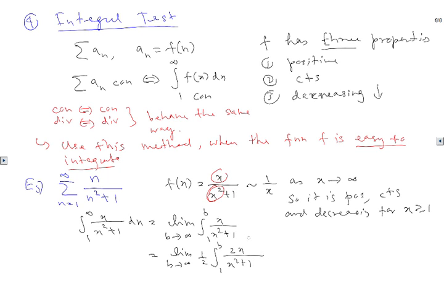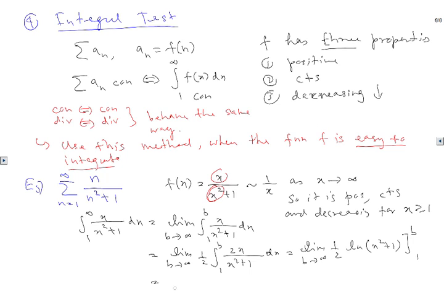So this is easy to integrate. It's a log. So the limit as b goes to infinity of 1/2 times natural log of (x squared plus 1). We don't need the absolute sign because it's always positive. This is evaluated from 1 to b.